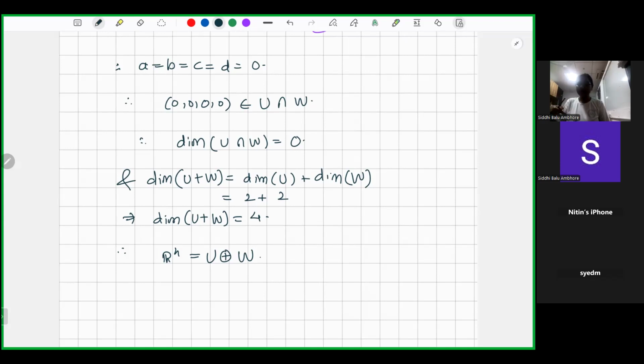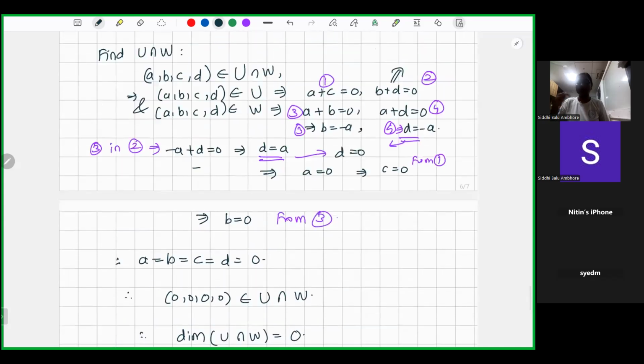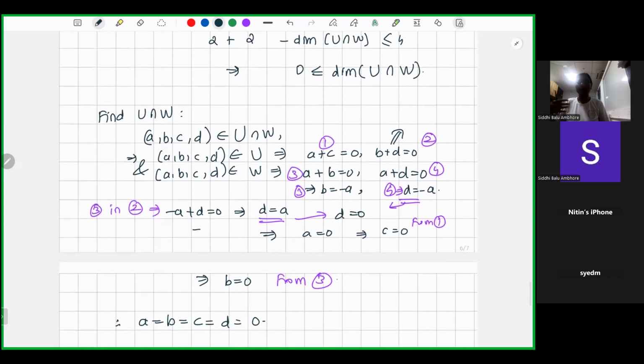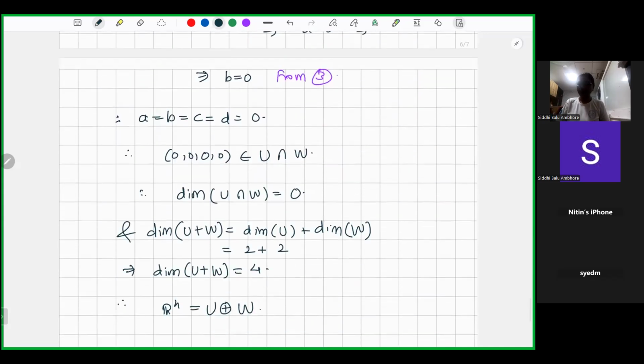But in the second case, when we tried to use the dimension formula, we got that the dimension of U intersection W is greater than or equal to 0. But that is true for any vector space, so we are not getting any special information about U intersection W. So we tried to explicitly calculate what U intersection W is, and we got that U intersection W is just the singleton 0.